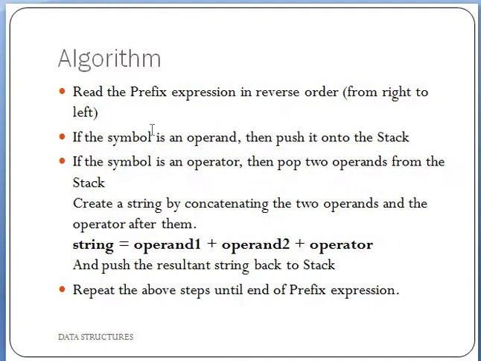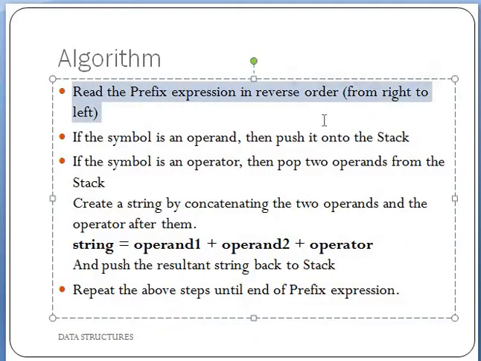And this is the algorithm which is used to convert the prefix expression to postfix. First, we have to read the prefix expression in reverse order, from right to left. If the symbol is an operand, then we push it onto the stack.